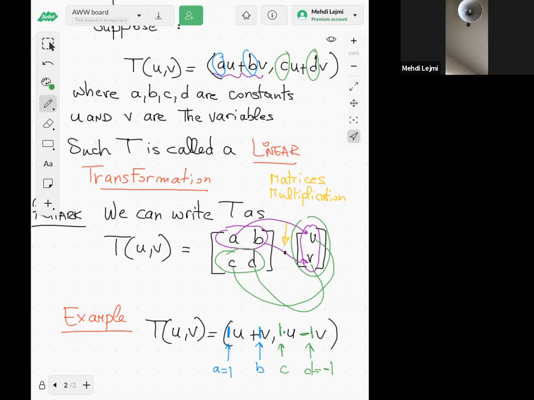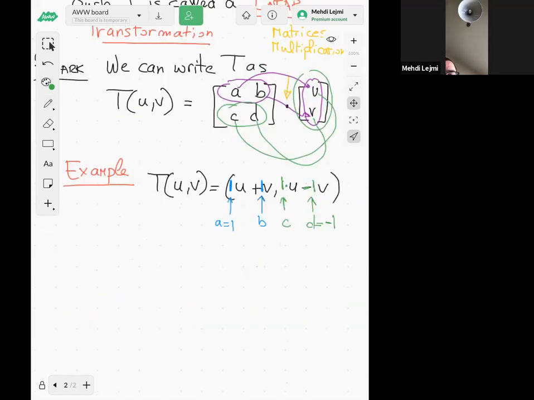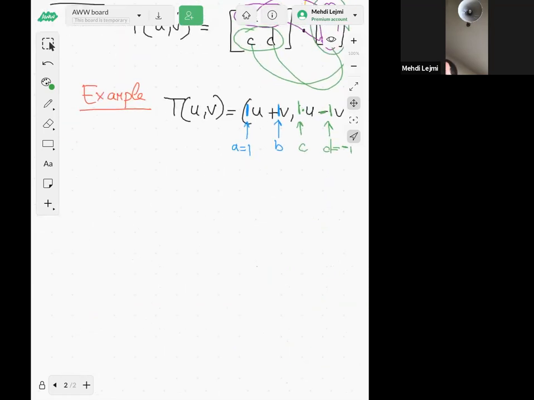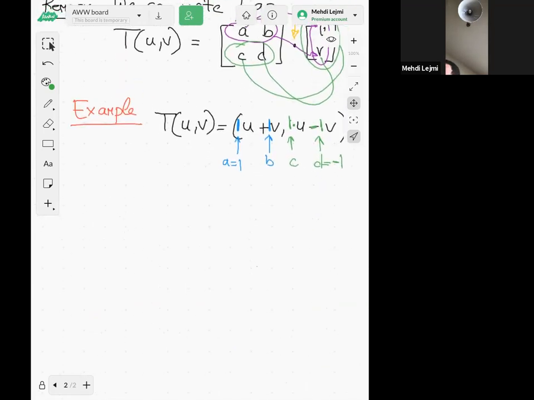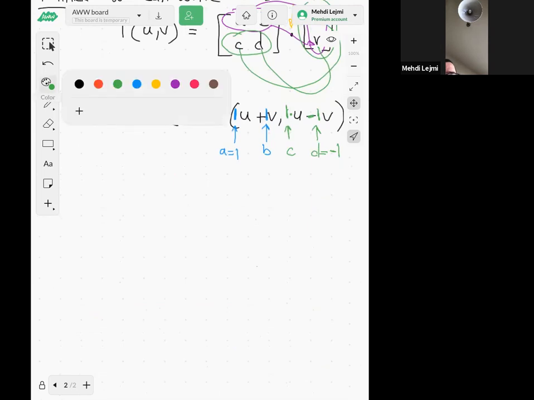I think I discussed this theorem on Tuesday. We said, what's so special about the linear transformations? So this is a theorem.